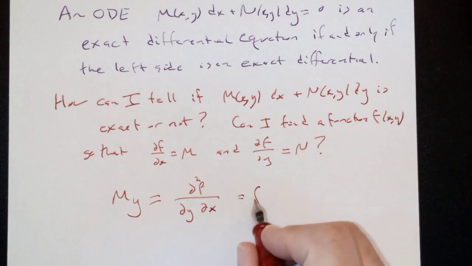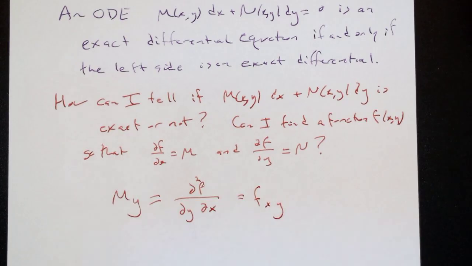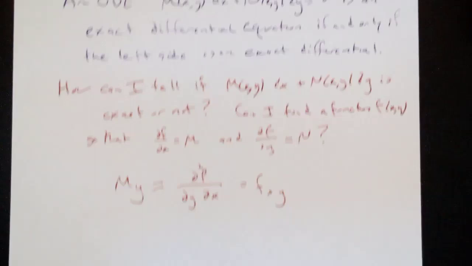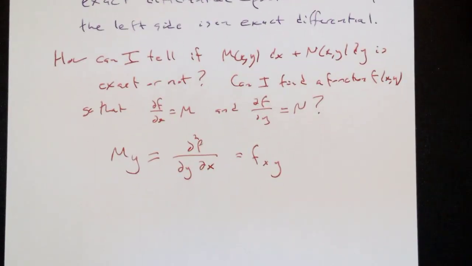We would write that as fxy if we were using the subscript notation. In partial derivatives, when we did second derivatives, we said this is a mixed second derivative because it's got x's and y's mixed together in the derivative down here. There was something nice about mixed derivatives.